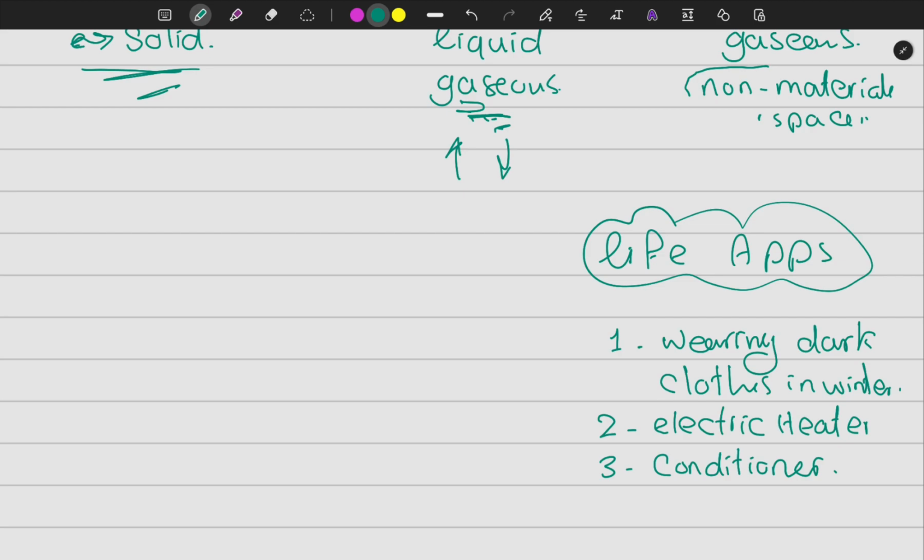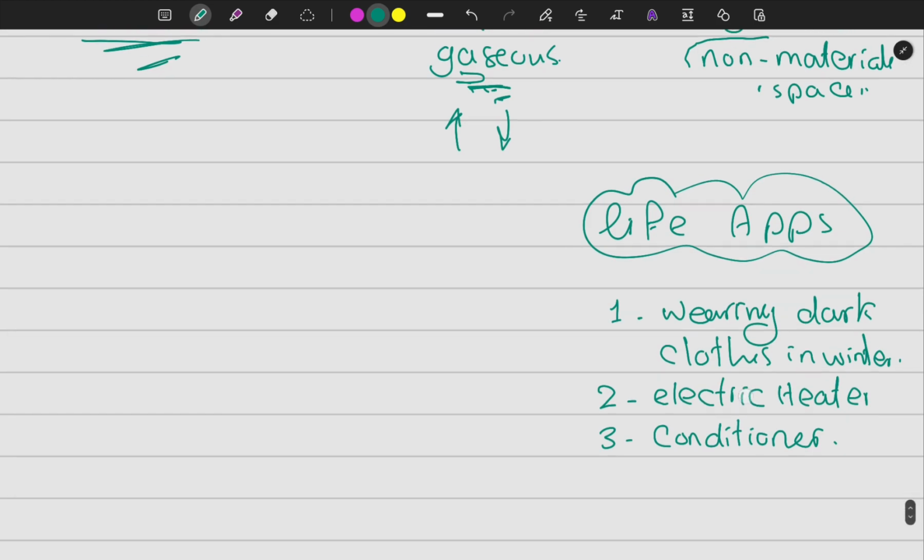But we do this because when molecules are heated near the electric heater, they go up because their density decreases, so they go up and are replaced with other colder molecules, which will be heated by the heater again and go up again and be replaced by colder ones again, and so on. So there will be a rotation of the heat energy through the room.